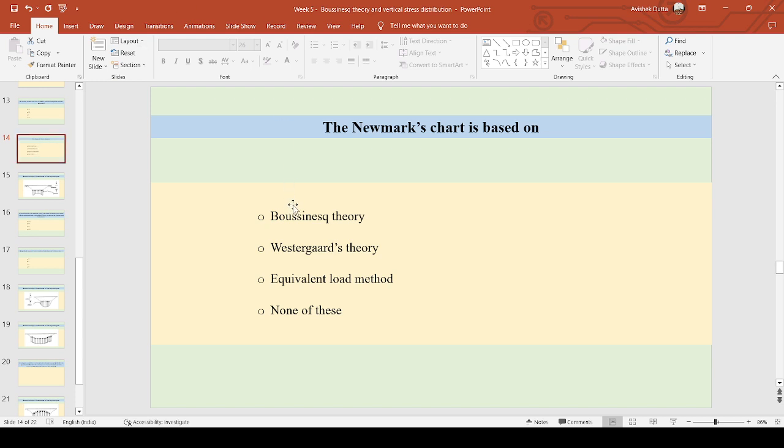The Newmark chart is based on Boussinesq theory, Westergaard's theory, equivalent load method, or none of these. Next question.